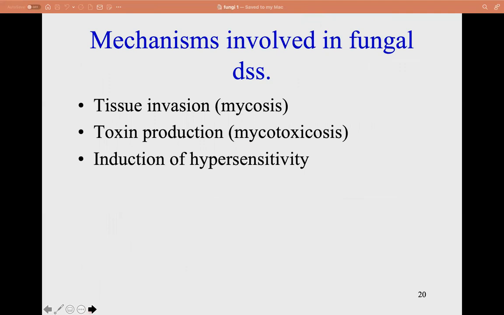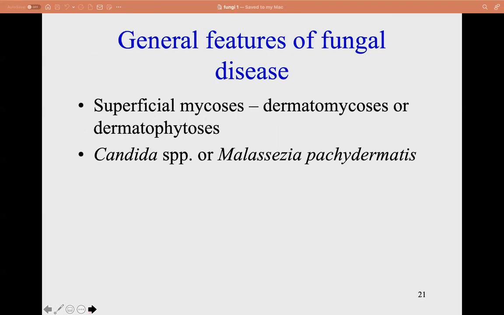The general term for the disease caused by fungi is mycosis. Fungal disease can also be caused primarily by the toxins produced by the fungal organism. We call it mycotoxicosis. And they can also cause disease by induction of hypersensitivity.